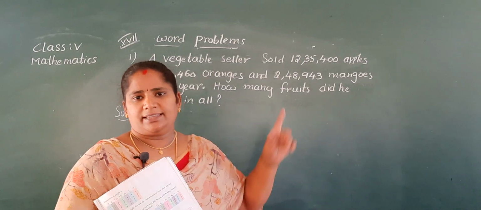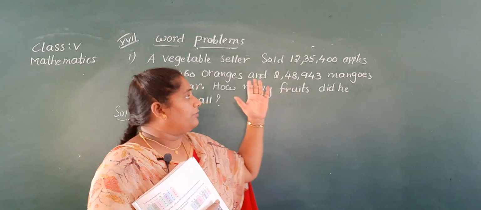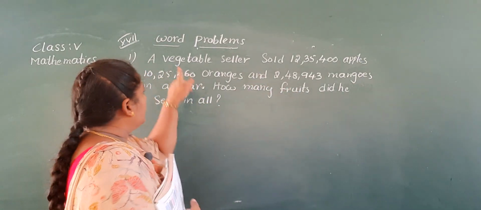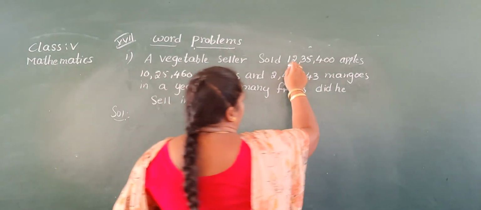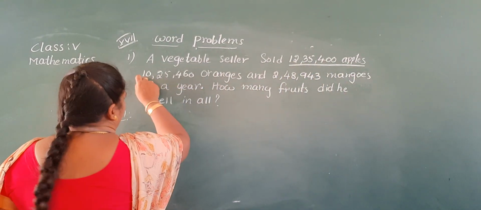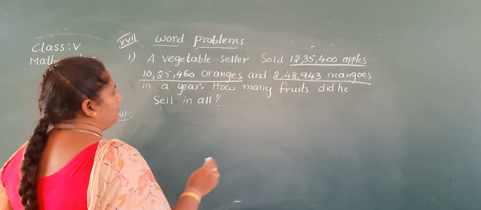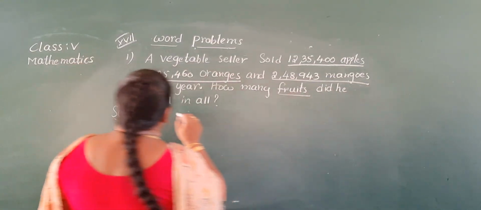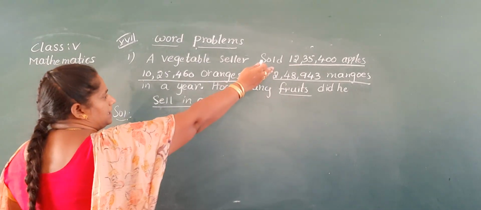So first you read the question properly and you have to underline which one is important in the problem. So a vegetable seller sold apples. Now you have to underline how many apples. Underline the oranges. Underline the mangoes number. Now we have to find the fruits sold in all. That is the number.